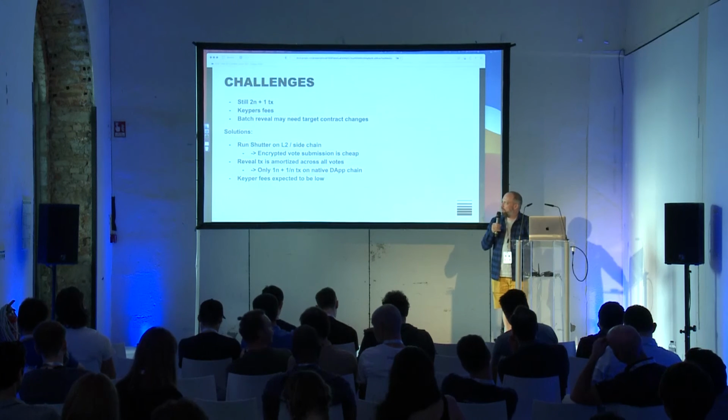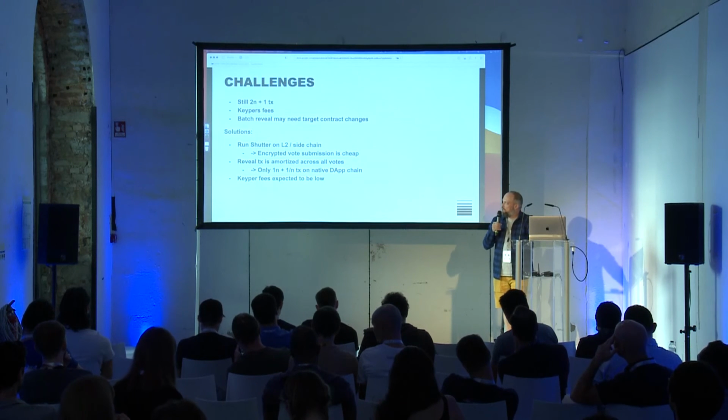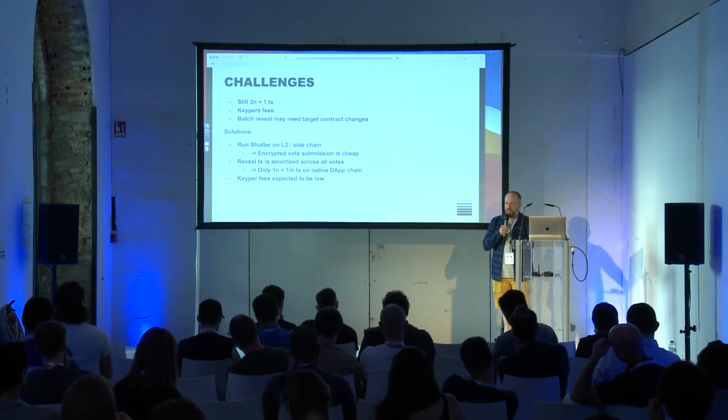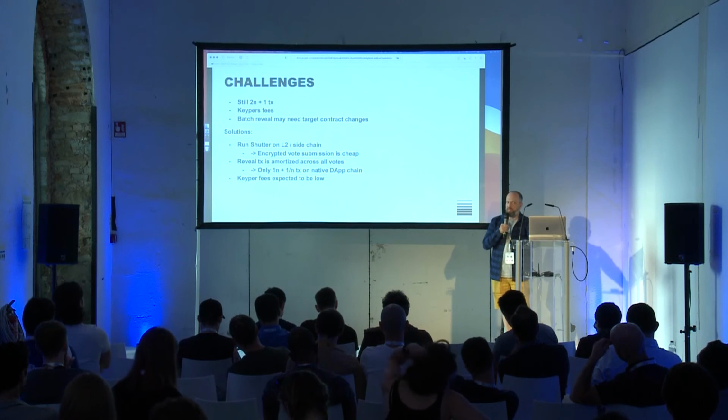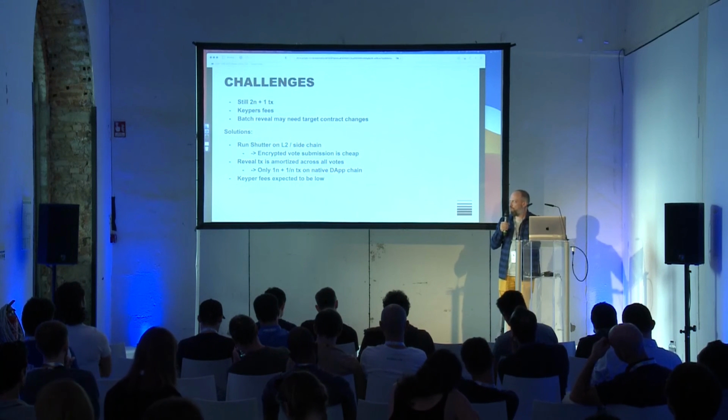So therefore, the submission of the encrypted votes can be very cheap, for example, if run on XDAI. And the reveal transaction is amortized across all voters, because there's only one needed, and the bigger the number of voters, the cheaper it gets, of course. Also, the keeper fees are expected to be relatively low, because the per transaction additional cost the keepers are incurring is really low because they're not doing that much. They're just generating keys mainly.